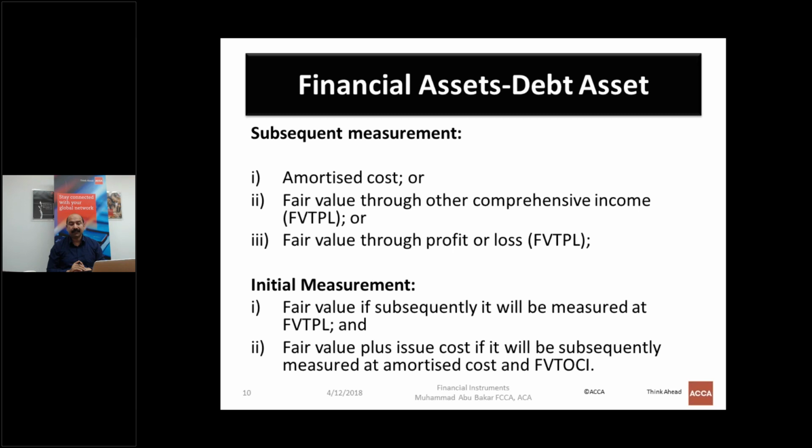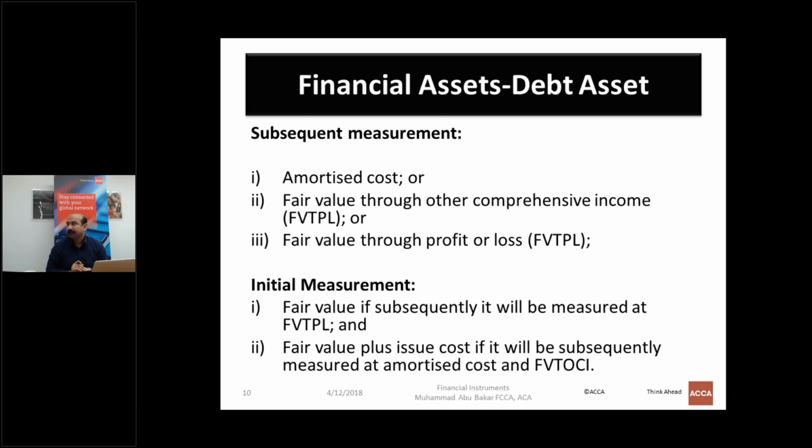In this case, the financial asset is initially measured at fair value, evidenced by a quoted price in an active market for an identical asset, or based on a valuation technique that uses data from observable markets. The difference between the fair value at initial recognition and the transaction price is recognized as a gain or loss.